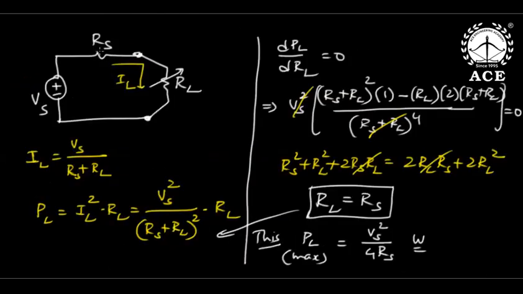Here also, because RS equals RL, like two equal resistors across the source, by the voltage division rule, this becomes Vs by 2 and this also becomes Vs by 2. If the total voltage is Vs and both resistors are equal, each becomes Vs by 2. Yes, the voltage drop across the load will be 50% of the supply voltage. That is the meaning there.